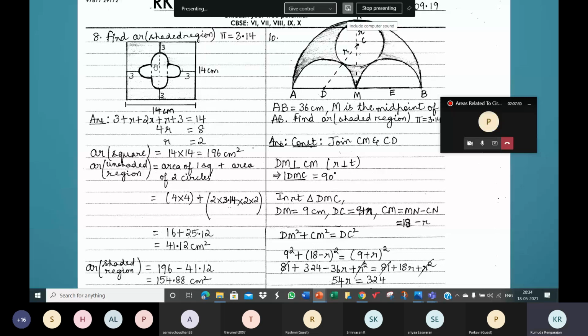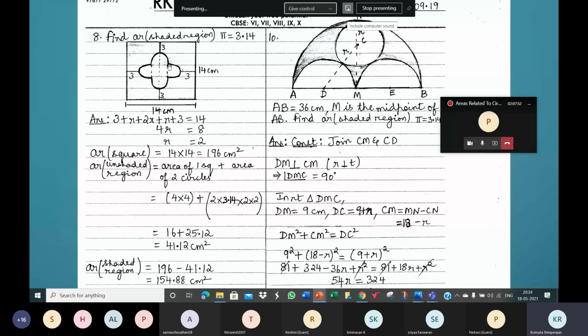So this one you need to find. See, children, this is a square. You see this design in the middle. That is not shaded. The area outside this design is shaded.